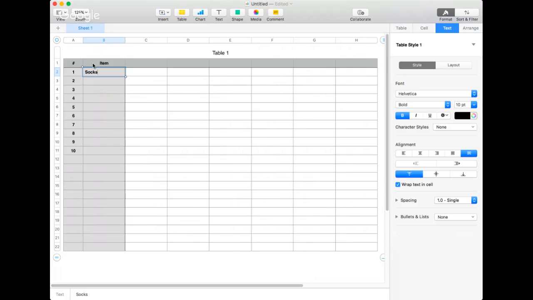I'm not going to go into too much detail here, just because I'm doing a simple inventory. But your item name here can actually mimic your eBay title, quite honestly.